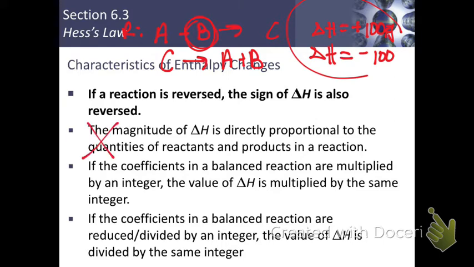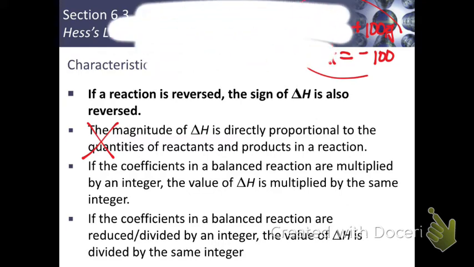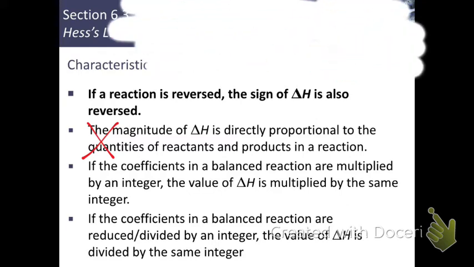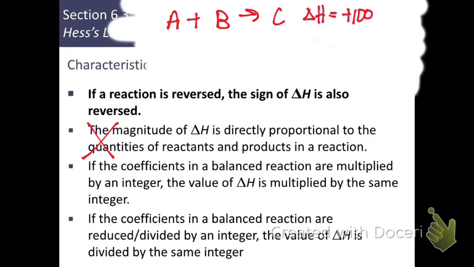Okay, this part, that's not really a rule, but whatever. If the coefficients in a balanced reaction are multiplied by an integer, the value of delta H is multiplied by the same integer. So let's see what that would look like here. If I have A plus B yields C and delta H equals 100, let's say in my final reaction I needed it to be 2A.